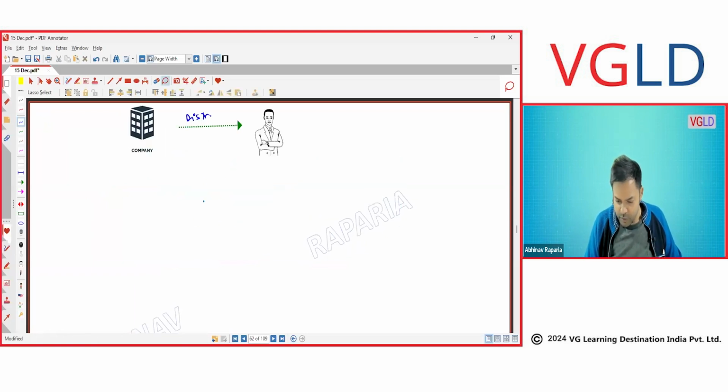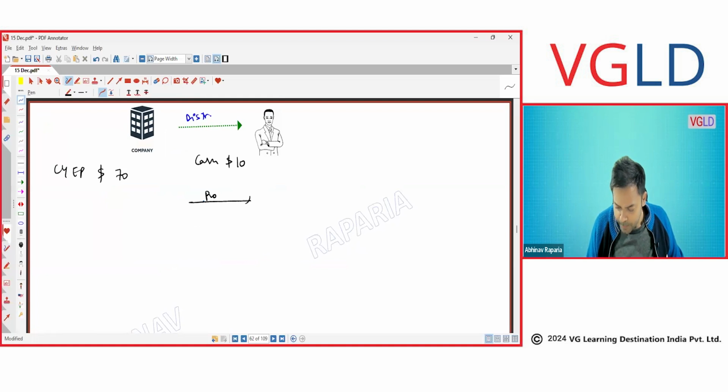Company is making the distribution. Current year's earnings and profit is 70. Cash they are giving is 10. They are giving property for which fair market value is 50. Net book value is 10.